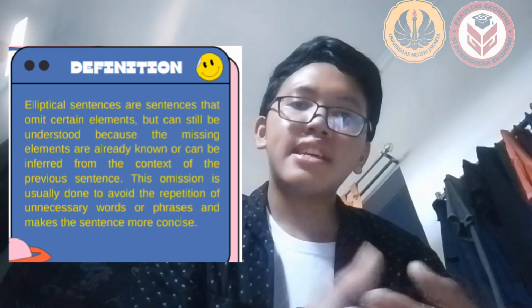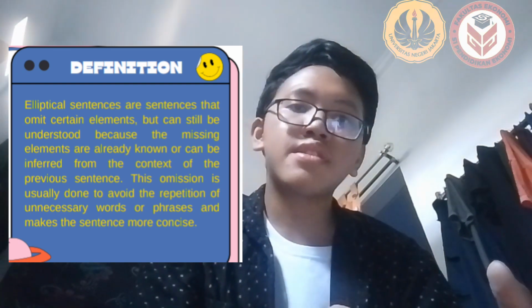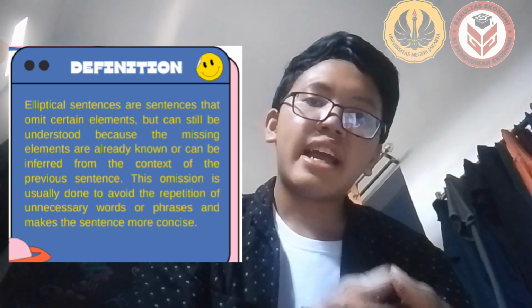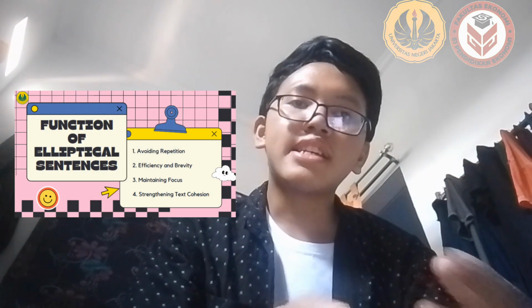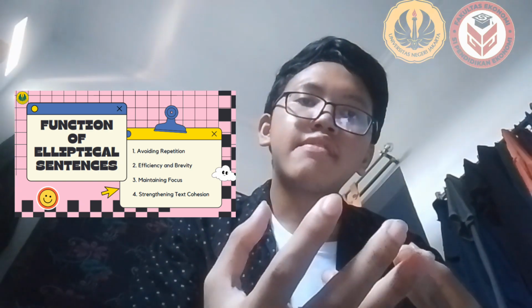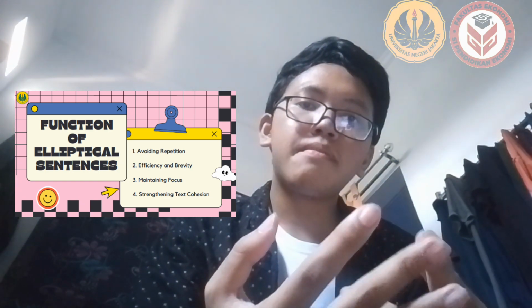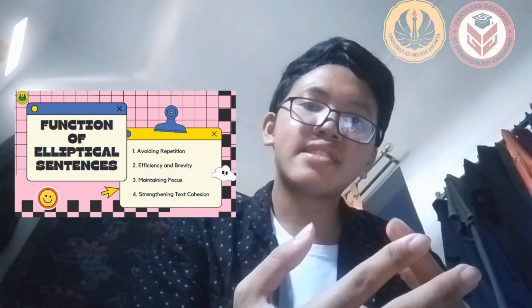These omissions are usually done to avoid the repetition of unnecessary words or phrases, and make the sentence more concise. The functions are avoiding repetition, efficiency and brevity, maintaining focus, and strengthening text cohesion.